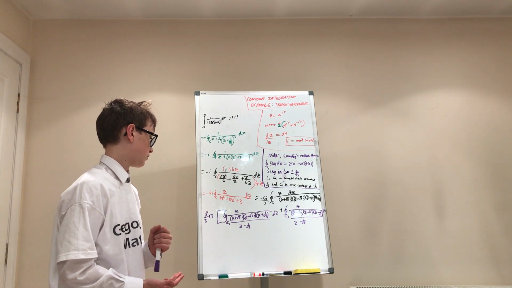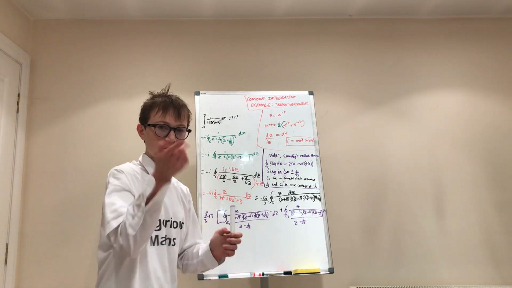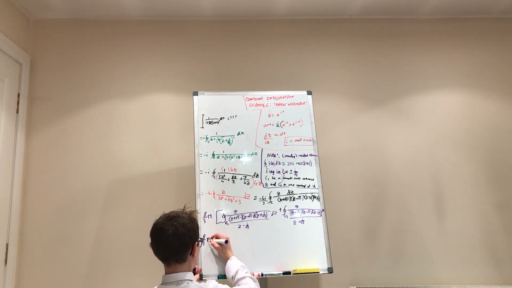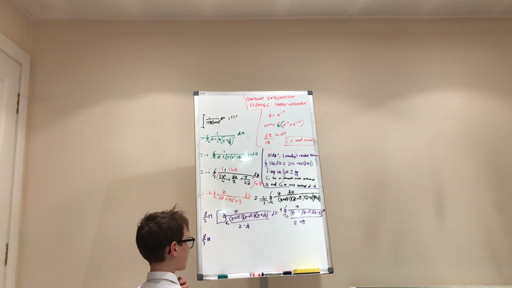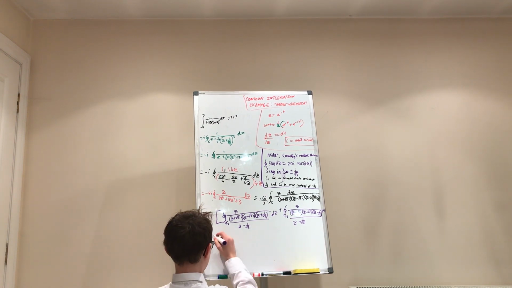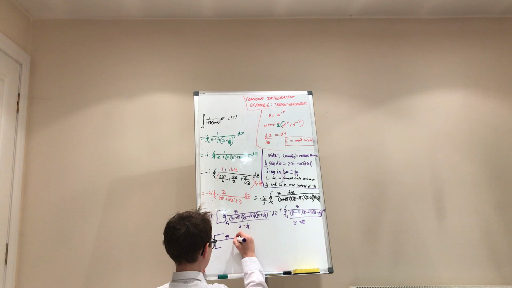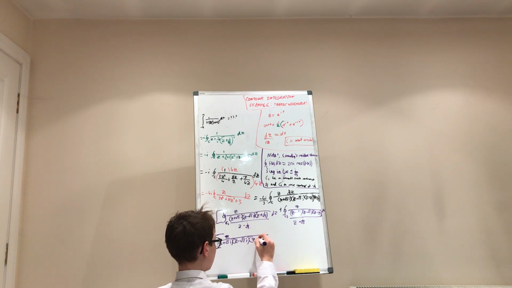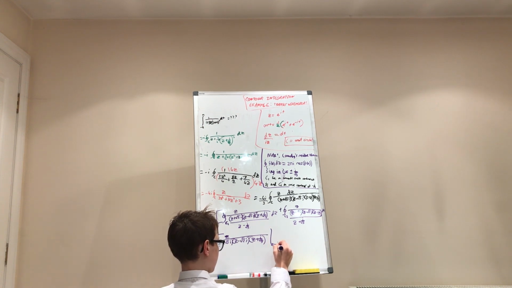To calculate the residues, what should we do? The 8 over 3 pi stays the same, but now we can just evaluate each of these. Z over z plus square root of 3 times i, times z minus square root of 3 times i, times z plus i over square root of 3, we can evaluate this at z equals i over square root of 3.